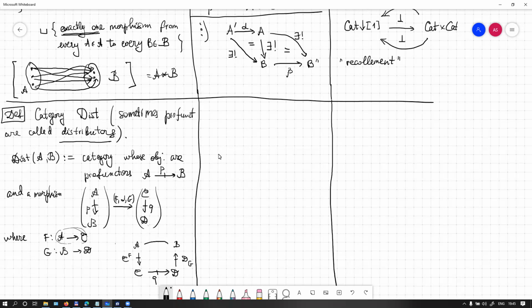And here I also have my profunctor P. So the natural transformation alpha is given from P to the composition of Q with these two guys. So alpha goes from P to the composition C super F, diamond Q, diamond D, G. Or if you want, it is Q, F, G.